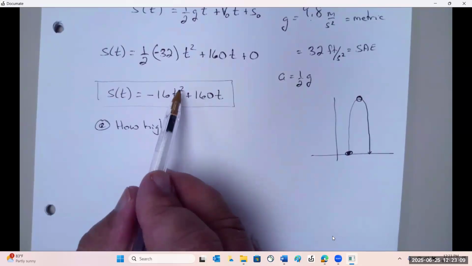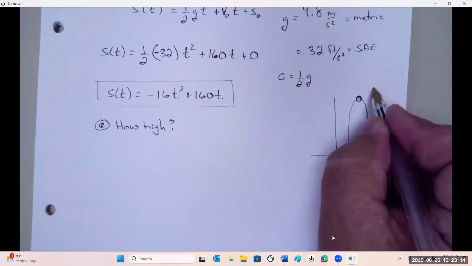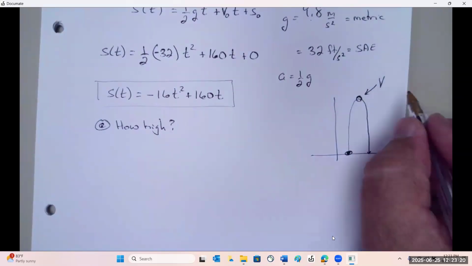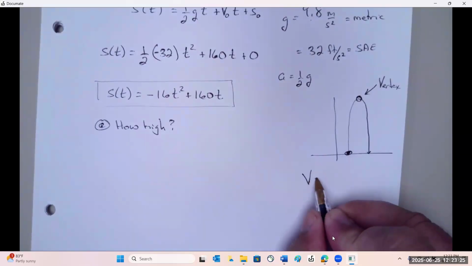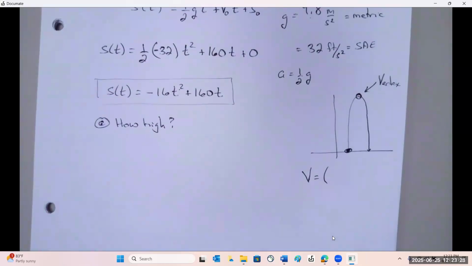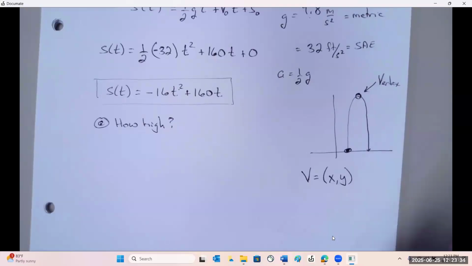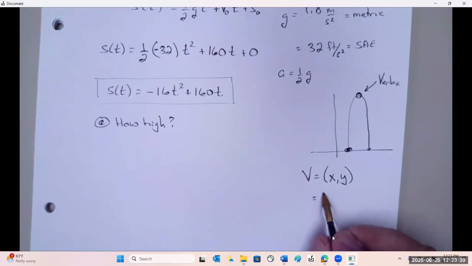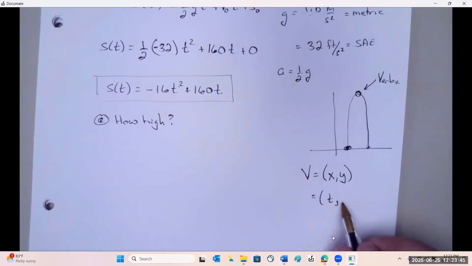It's quadratic. So what kind of graph does it have? It's a parabola, which means the top of it is called the what? The vertex. And the vertex is made up of an x component and a y component. It's a point, it's a location. In our case, the x component is time, and the y component is our position function.